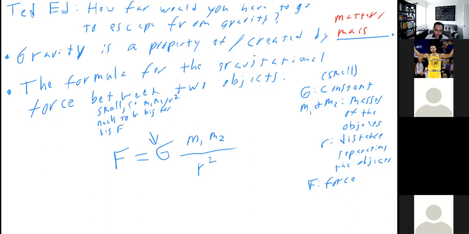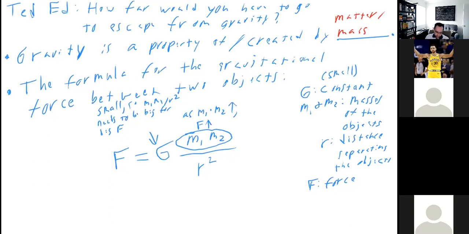All right, and then M1 and M2, right? As M1 times M2 increases, F increases because M1 and M2 are in the numerator of this formula.